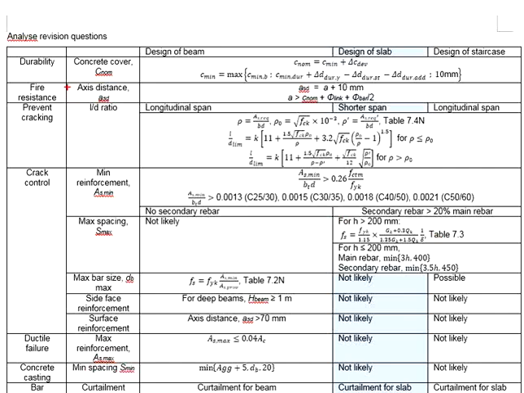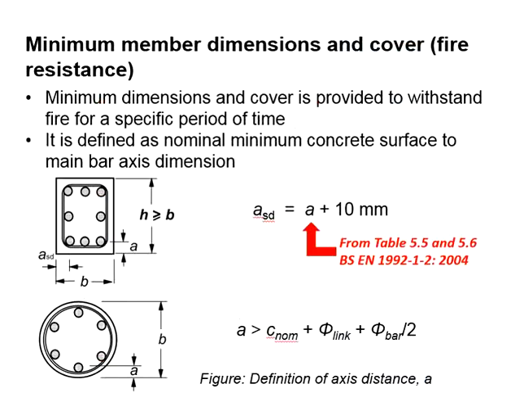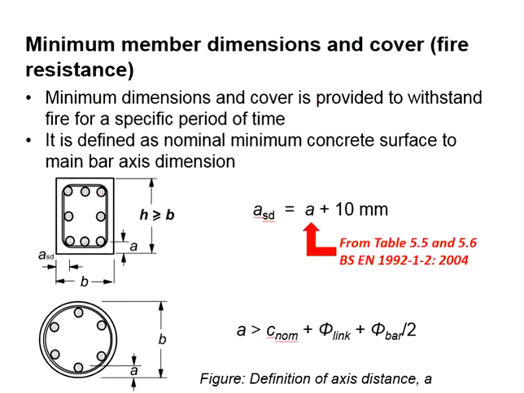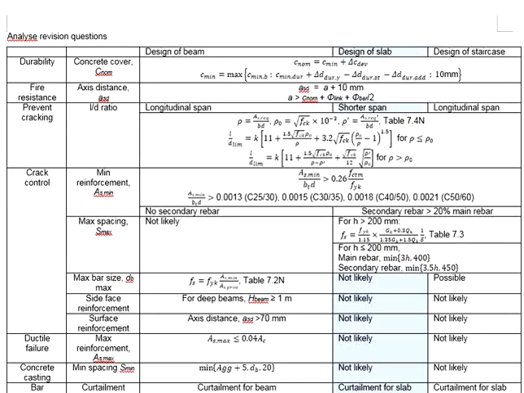Next, we talk about the axis distance. The axis distance refers to the distance from the edge of the member to the center of the main reinforcement. It is associated to the fire resistance, where this axis distance shall determine the thickness of the protective layer of the concrete from high temperature due to the fire hazard.